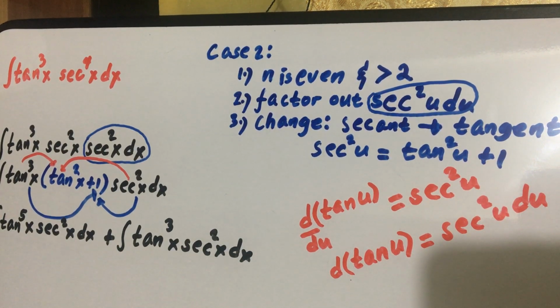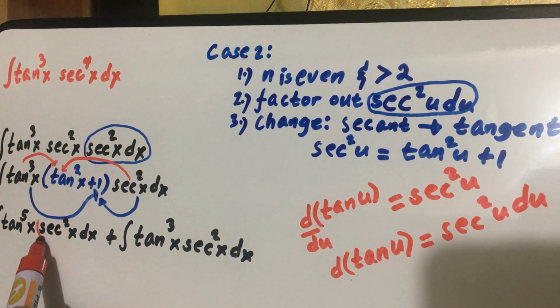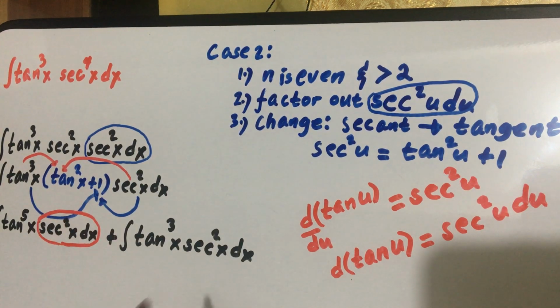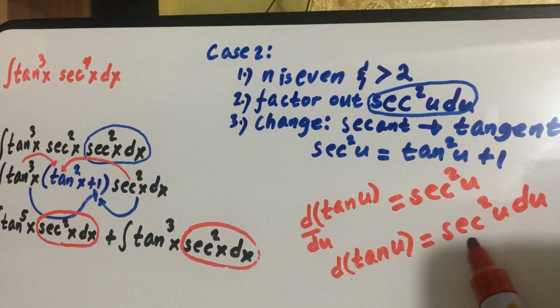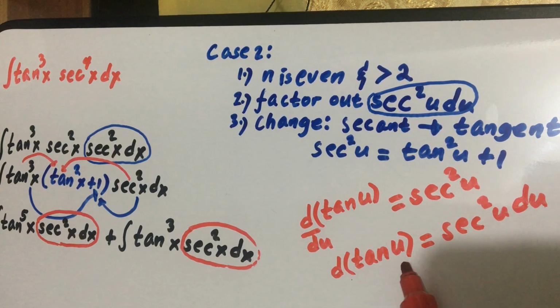We already have secant squared x dx here, and also here. It is in the form of secant squared u du, and that is our du.